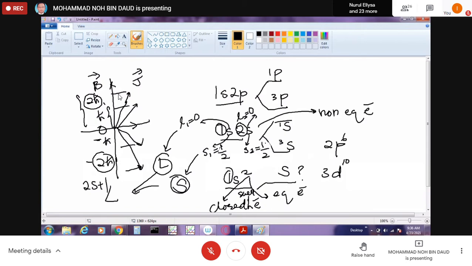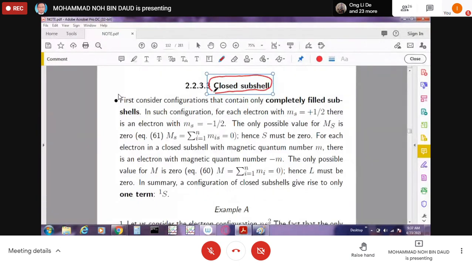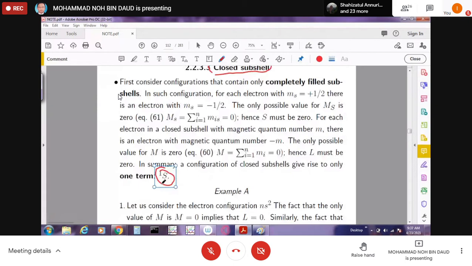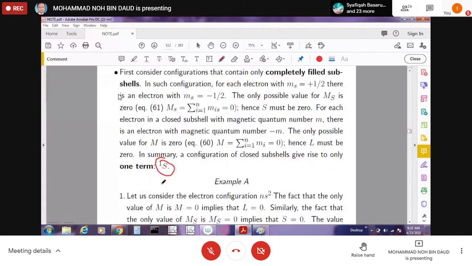For all closed-shell electrons, you can only get the singlet S. Examples: you can use directly this angular momentum addition rules.